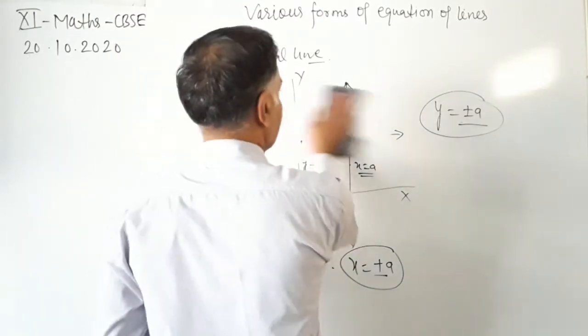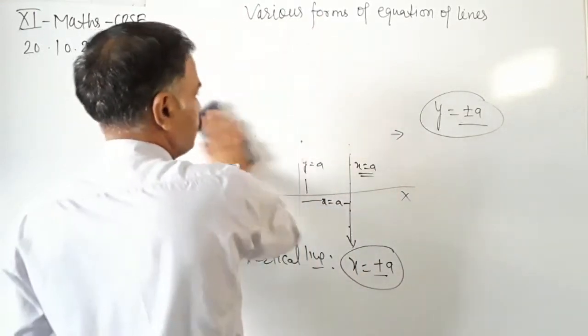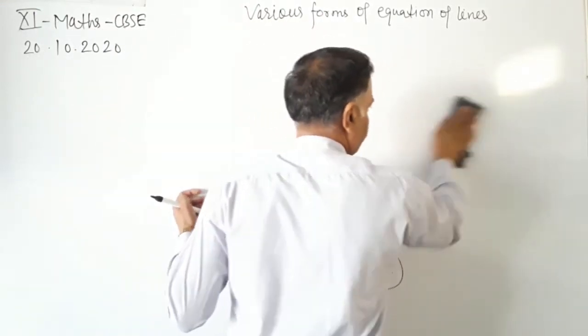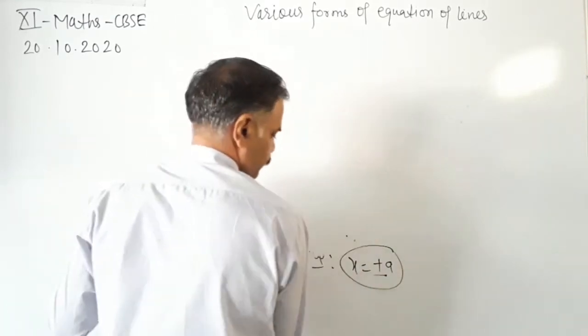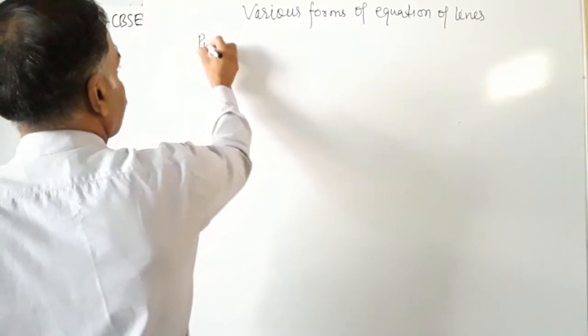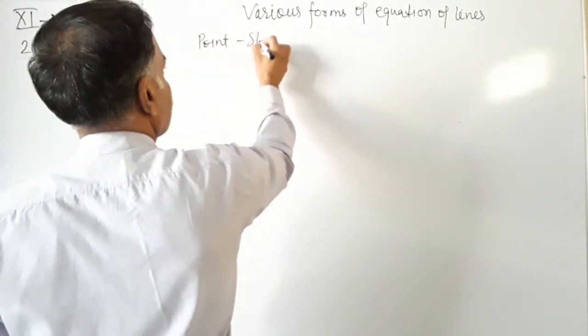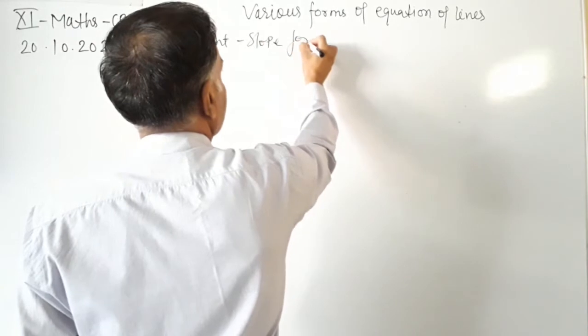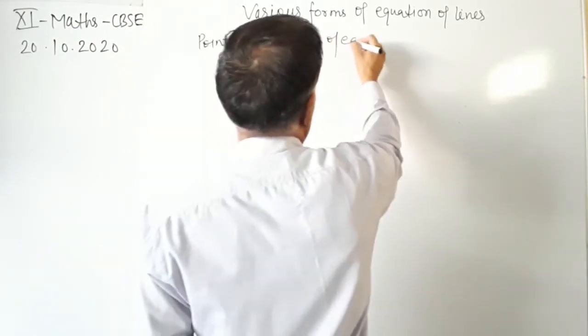Let us see how we will find the equation of a line whenever we have been given a point and slope. So the topic is the point slope form of the equation of a line.